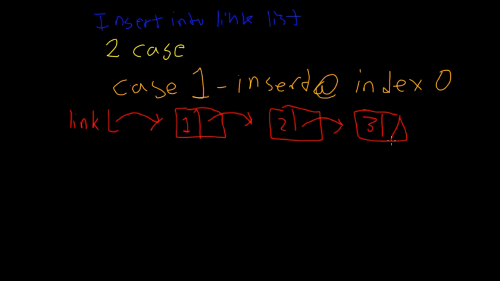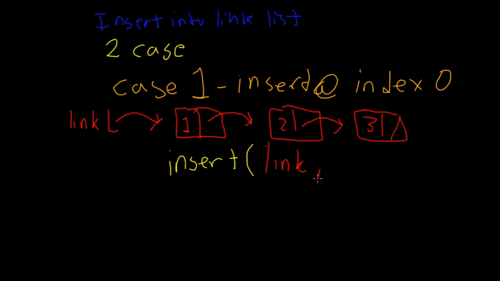Alright, so let's say we want to insert the element 4. The way this function call is going to work is we want to insert. I'm going to have 3 main arguments. The first one is going to be the link itself, so let me denote that with red. So we're going to have insert on the link, and then we're going to have our actual numbers that we're going to pass in.